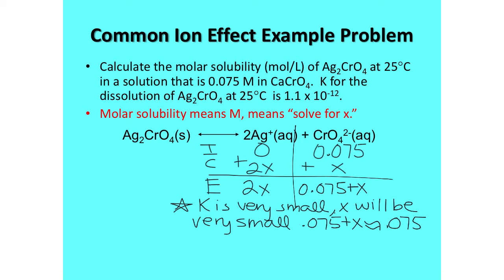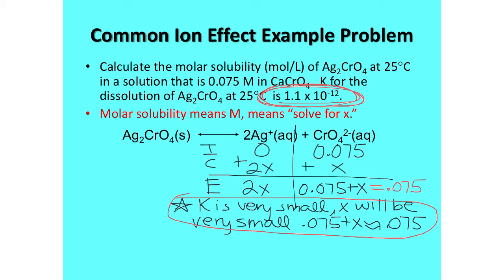So this assumption here is so nice, and this helps save us a lot of math work. Now we can only do this when our K values are very small. So they should be 10 to the negative fifth or smaller in order to make this assumption. And then you do need to acknowledge that you are making this assumption here.